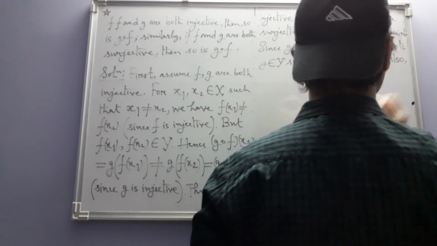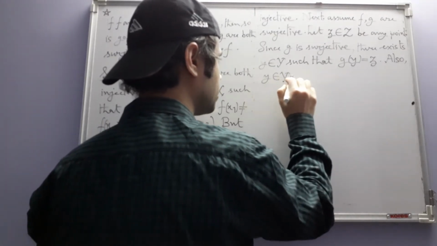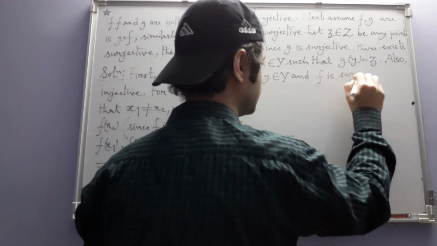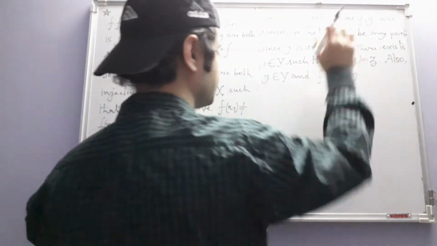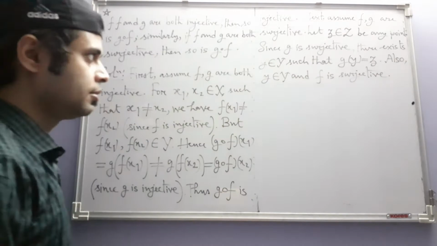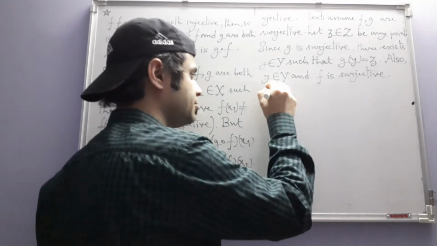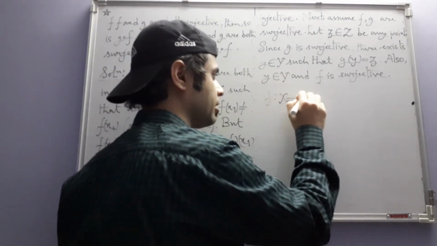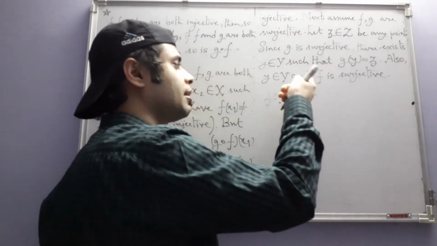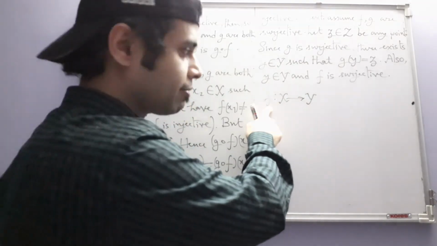Also, y belongs to Y and f is surjective. f is also surjective according to our assumption. So that means if I consider this as output, because f is a function from X into Y, this also must come as an output of some input in X under the function f.